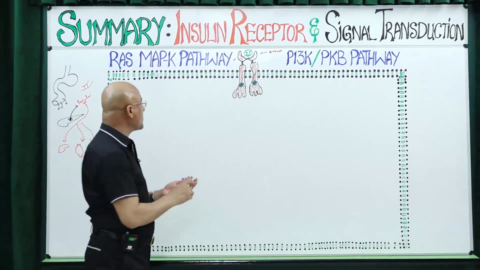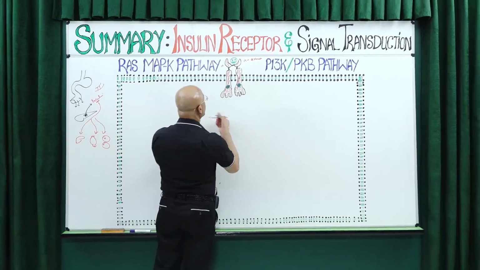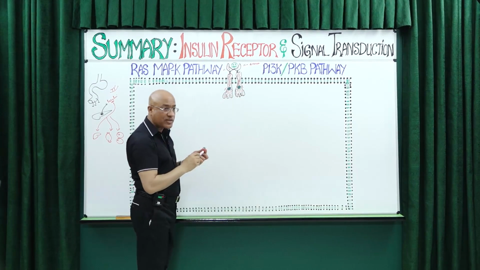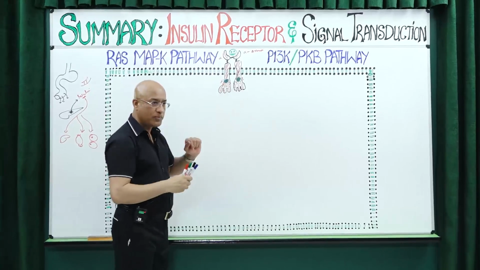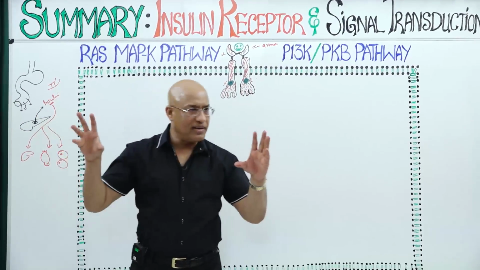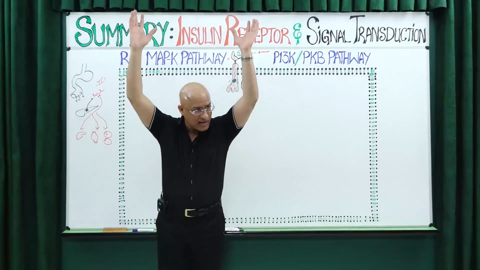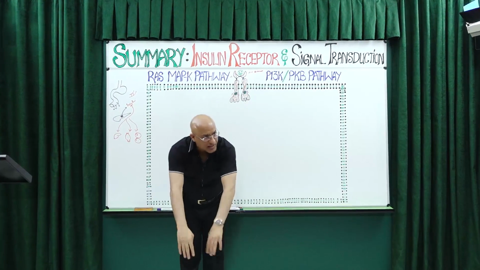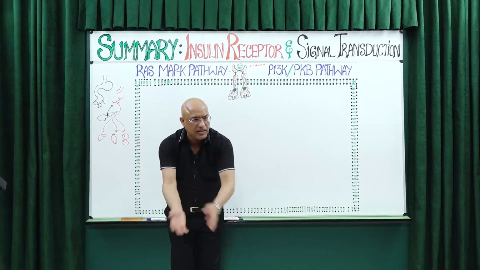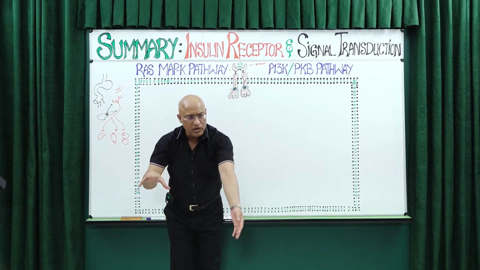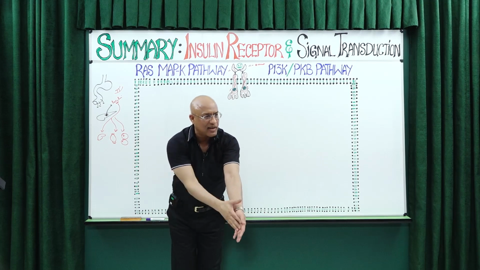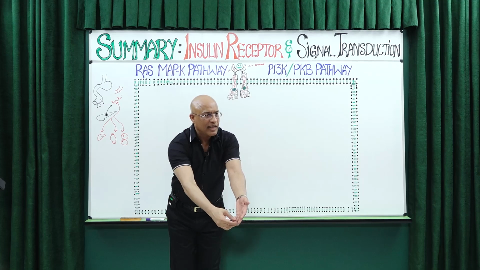Now, once these intrinsic tyrosine kinases are activated, what will these enzymes do? Let's suppose this is my one hand, these are the legs. There were hands here, insulin here, and now these are the beta subunits. When the beta subunits are activated, the tyrosine kinases within them are activated. Now, the tyrosine kinase of one beta unit will attack the other and look for where the tyrosine residues are.